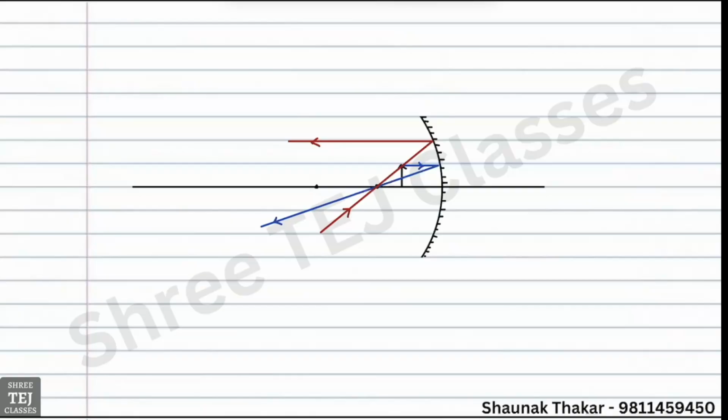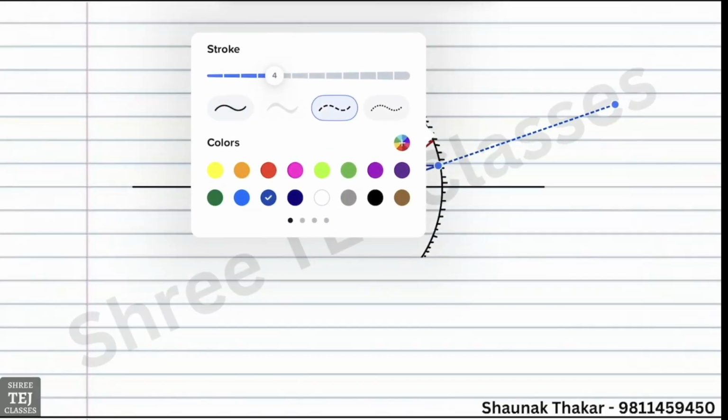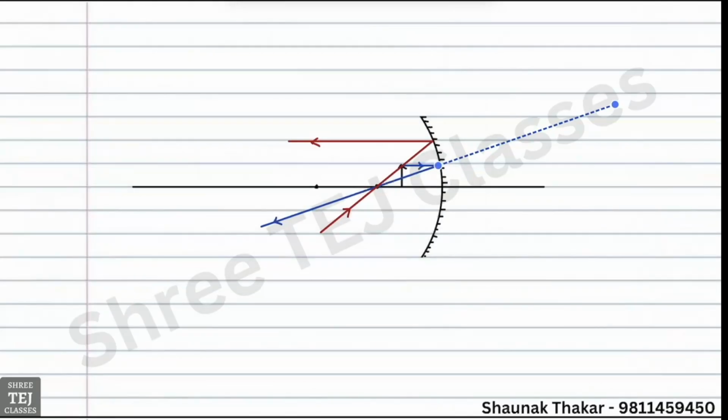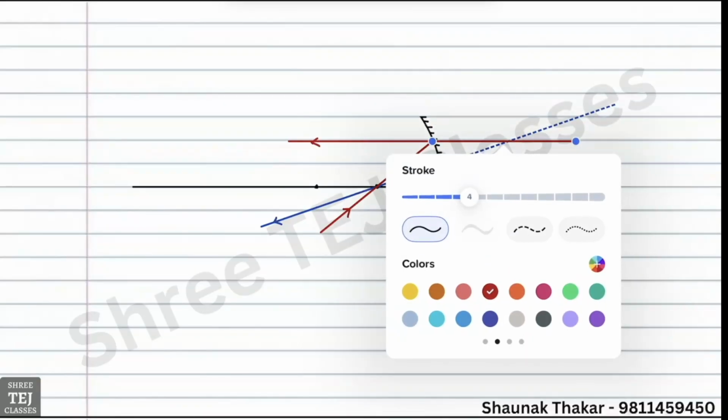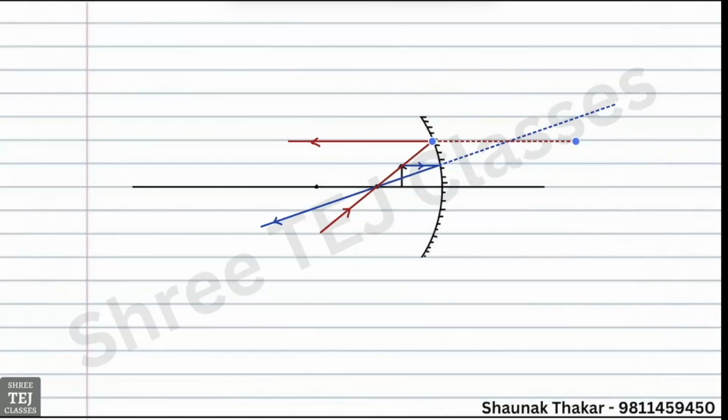Now we can see that this is the first reflected ray and this is the second reflected ray. We can clearly see they are not going to meet in front of the mirror. So what we do is we extend the rays back. First we extended the first reflected ray and now let us extend the second reflected ray.